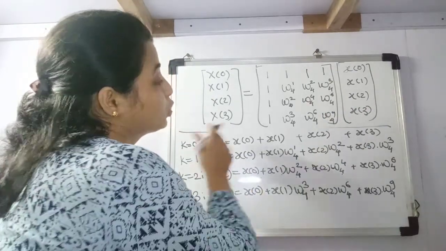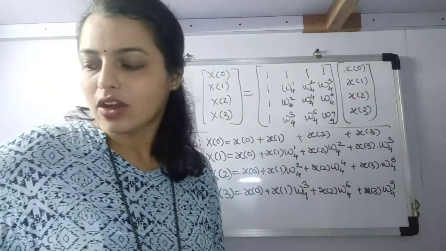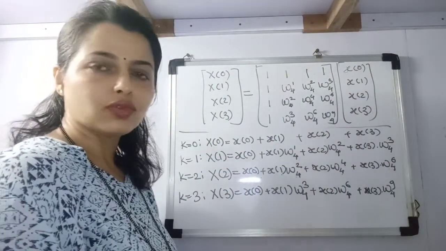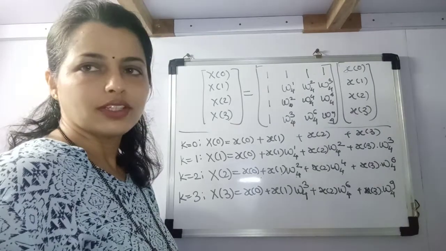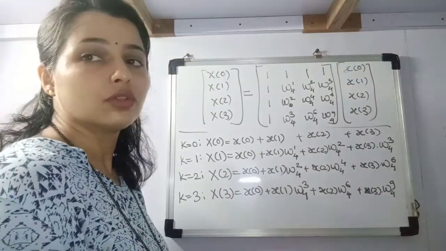So this is the matrix form we are getting out of these 4 equations. You can write a similar kind of matrix for a large number of points also. This is just an example where we are taking capital N equal to 4.